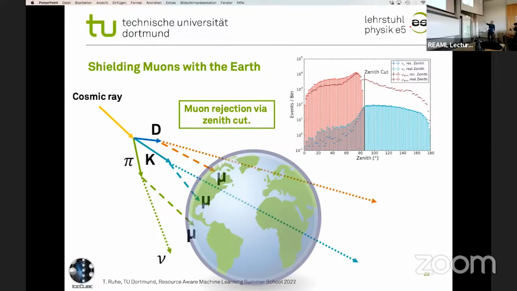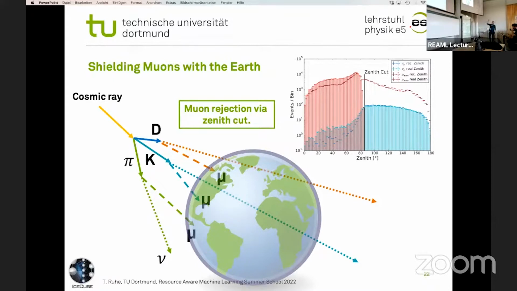The problem is a bit that because you do some reconstructions and then you can just look at the angle, what came from where. For some cases, you will just falsely reconstruct the muon as upward going, although it must have been downward going because it's physically impossible to be upward going.